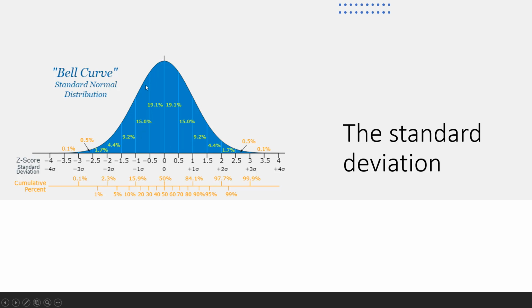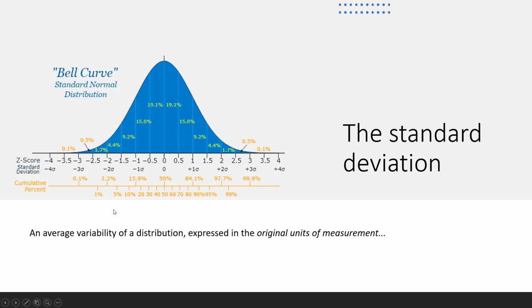When something is normally distributed, we know that the majority of cases are going to fall between 1 standard deviation above and 1 standard deviation below. So a large number of our cases are going to hit this peak in the middle. What we want to know is how big the distance is between +1 and -1 standard deviations.